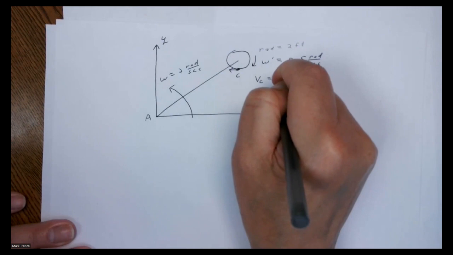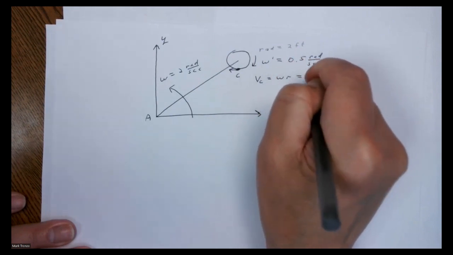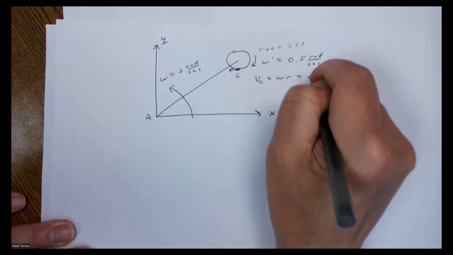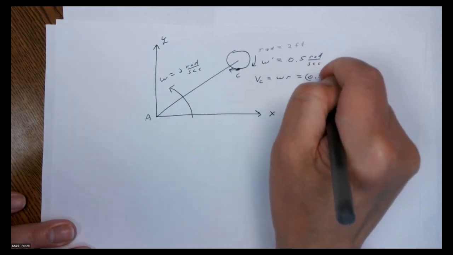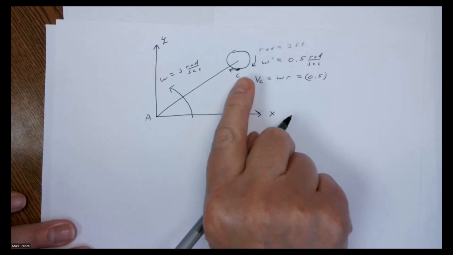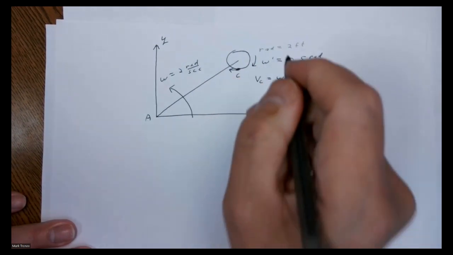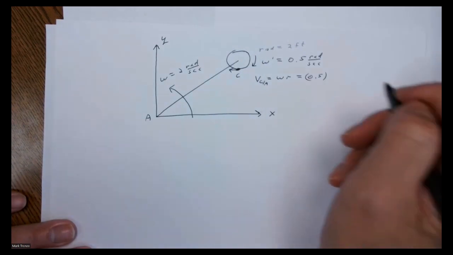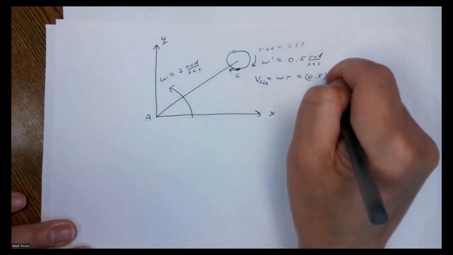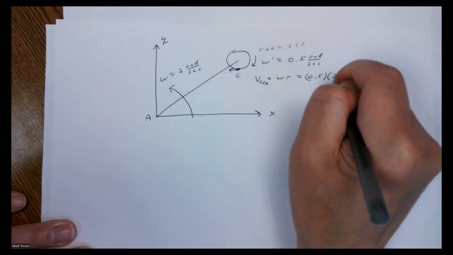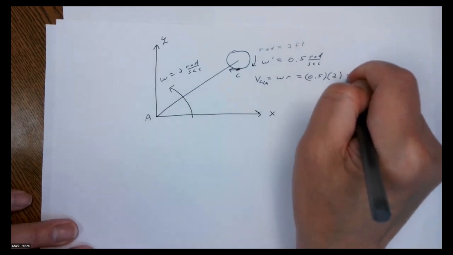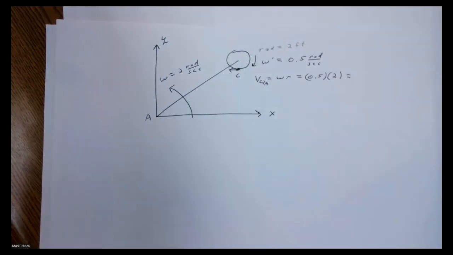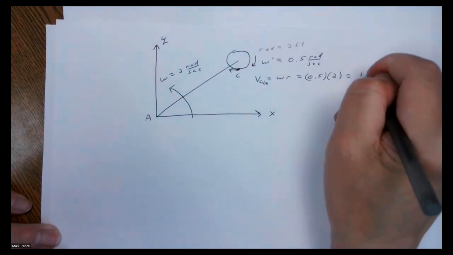Again, of course, that's always going to be the omega R, which is 0.5 radians per second, again the relative velocity. Really, I can call this VCA, with respect to A, times 2 feet. So that's just going to be 1 foot per second.